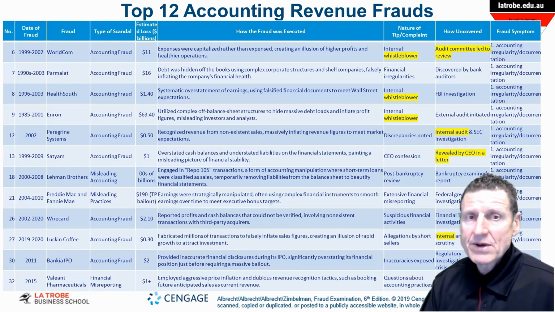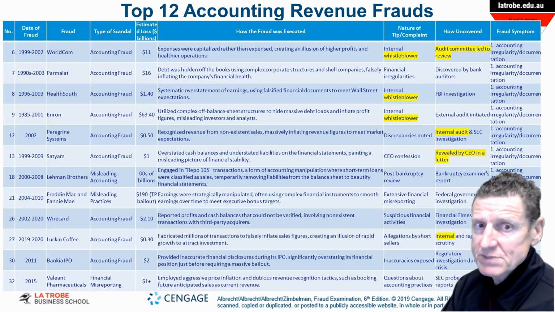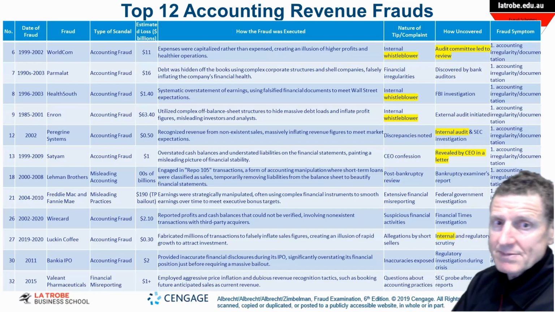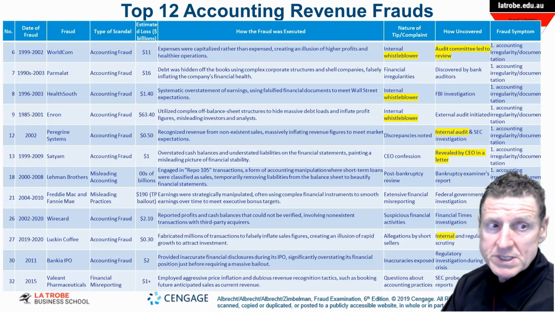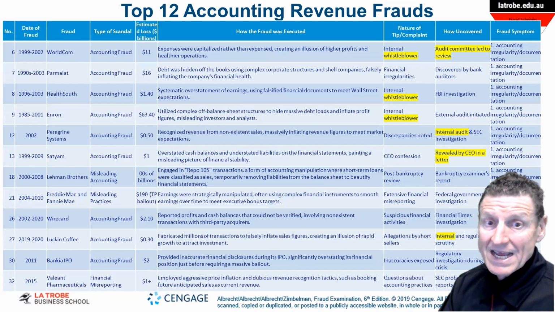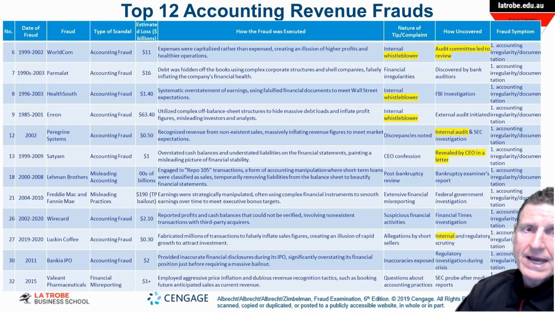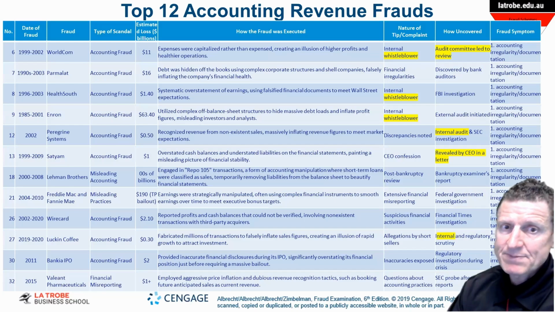Notice that the CEO confession was involved, and for the others to be found out, they were found out by investigations by external parties, the federal government for Freddie Mac, Financial Times investigation for Wirecard, and you had allegations by a short seller, Muddy Waters, for Luckin Coffee, that Chinese company that listed in the New York Stock Exchange. And then we had inaccuracies exposed and regulatory investigation of Bankia IPO and so forth.